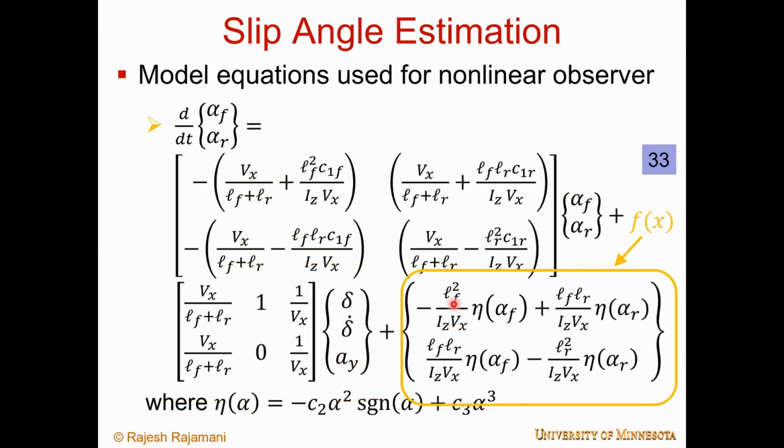Okay, so why is this nonlinear? Because it involves eta of alpha f, and eta is this nonlinear function. This basically comes from the nonlinear tire force model. So these process dynamics are like the dynamics that we considered when we looked at the theoretical results on observer design. Basically there is a linear portion, a known input term, and then a nonlinear term.